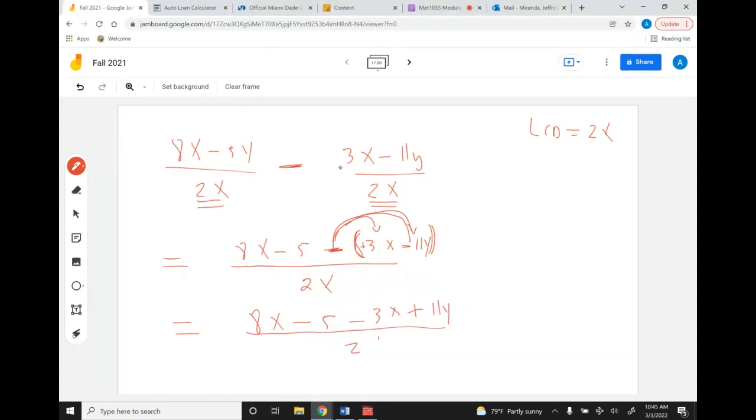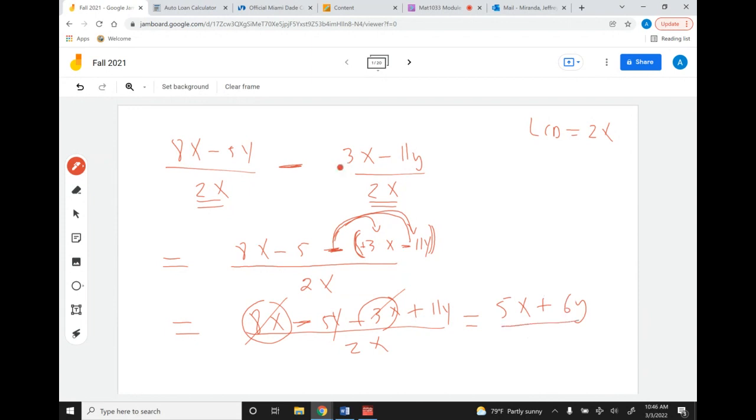My denominator is still the same. At this point, all I have to do is combine like terms if possible. So 8x minus 3x is 5x. Then I'm going to write 11y. Actually, this is 5y. So minus 5y plus 11, that's going to be 6y, not 11.